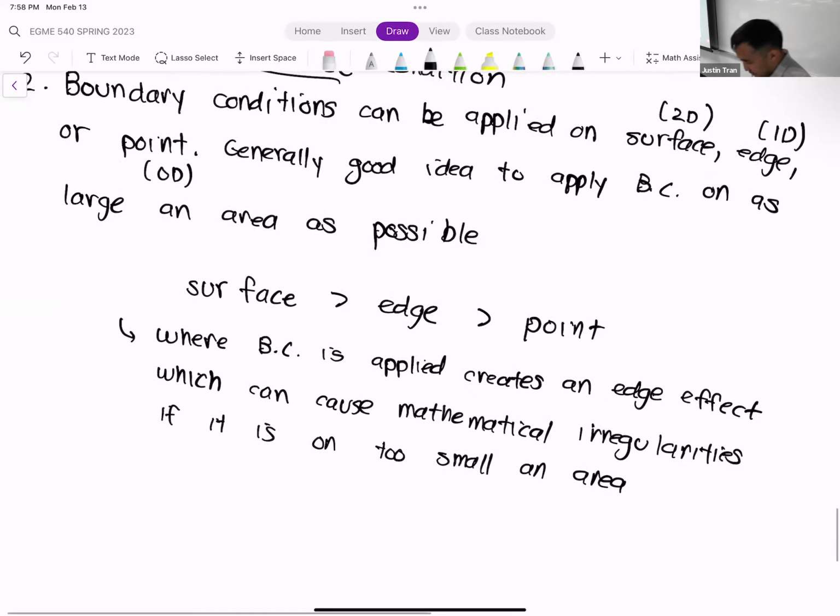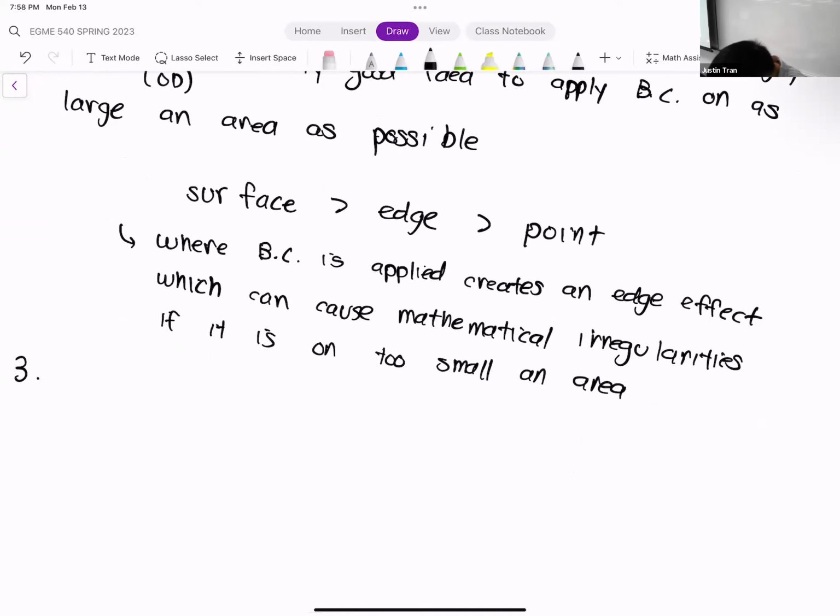All right. Number 3. Technically, it's possible. You can apply more than one boundary condition at a surface, or at the same location.